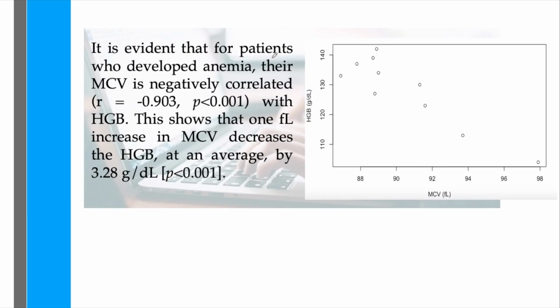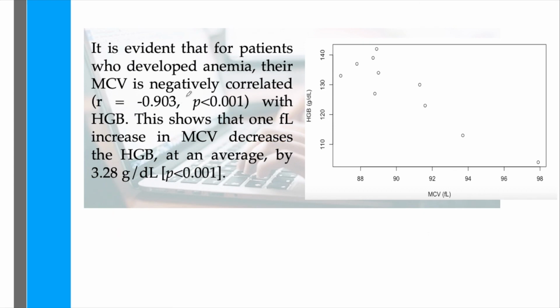Thus, we may write this as: it is evident that for patients who develop anemia, their MCV is negatively correlated with hemoglobin. Note that this is the result of the Pearson R, which shows that a 1 fL increase in MCV decreases the hemoglobin on average by 3.28. Now, this is your beta 1 estimate.